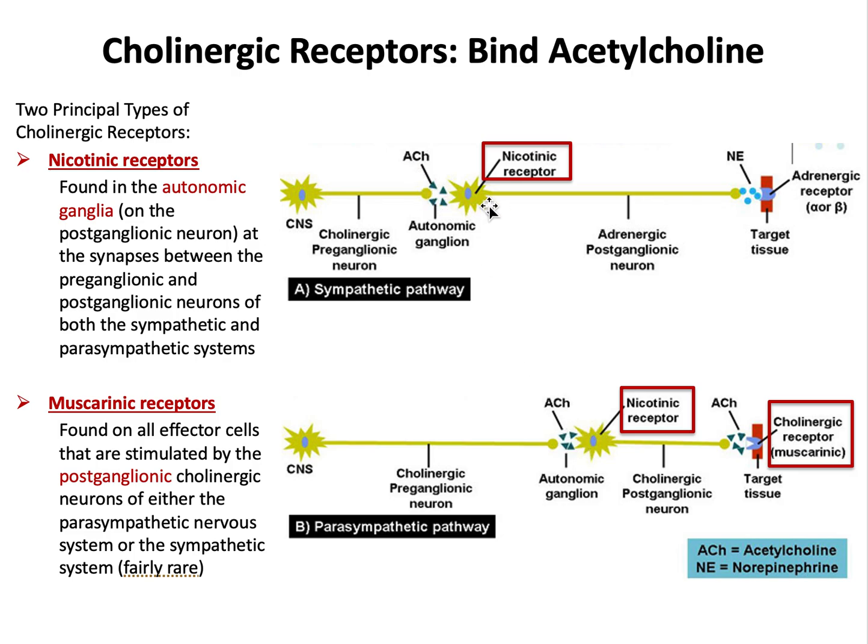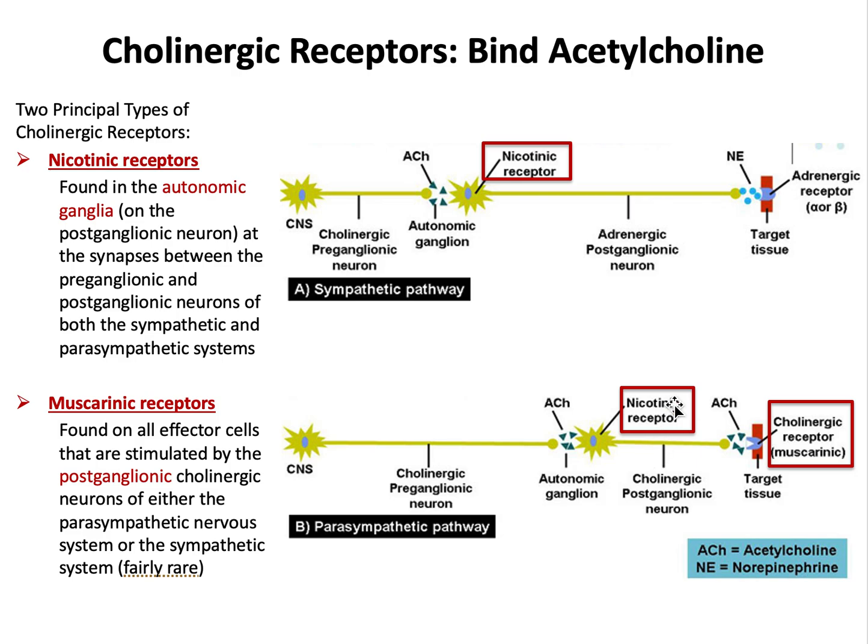That acetylcholine is then going to bind to nicotinic receptors on both of the postganglionic neurons. These nicotinic receptors are ionotropic, meaning that acetylcholine's effects are going to be on ion channels. They're excitatory receptors, so it's going to cause both postganglionic neurons to fire action potentials.